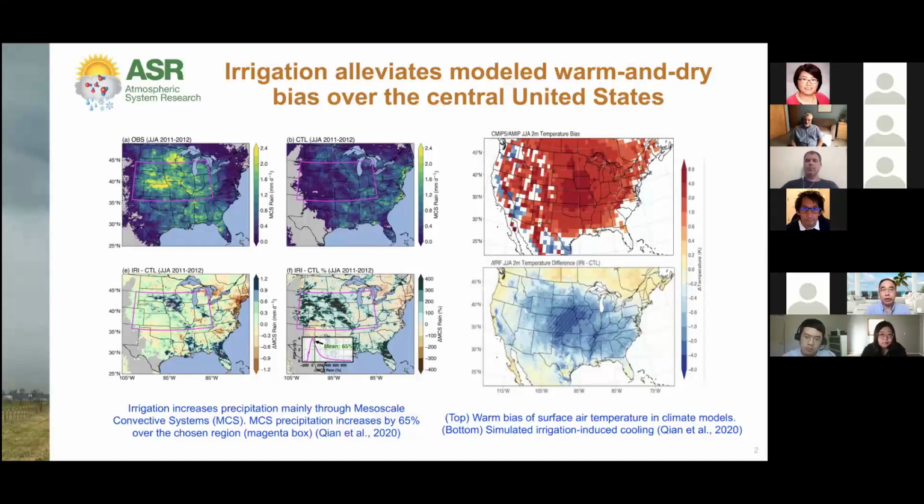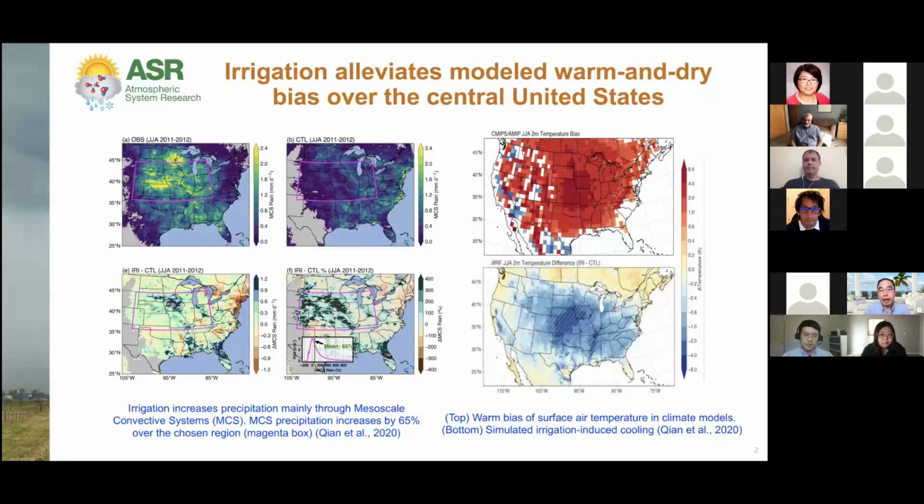So overall, including irrigation improves the model's spatial pattern, diurnal cycle, and propagation of the MCS. The increase was mainly associated with the increase in frequency of the MCS, not the intensity or lifetime. The top right panel shows the warming bias in most of the climate models, and the bottom one is irrigation-induced cooling.